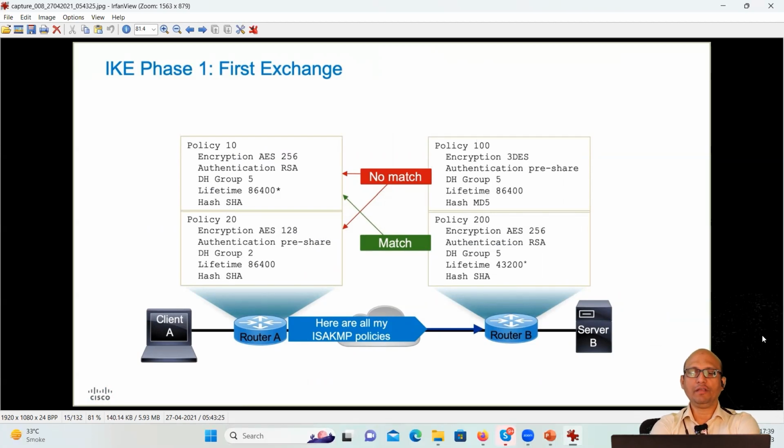Okay. So in this clip or in this image, you see policy 10. See, the number is okay. You don't have to match the number. Policy 10, policy 20 on router A, policy 100 and policy 200 on router B. So the number need not be matched.